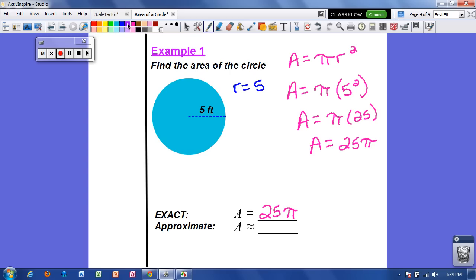Now, if I want to go for the approximate value, then I'm going to take 25 and multiply it by the approximate value of pi, which is 3.14. And then I'm going to go ahead and work that out over here. 3.14 times 25.